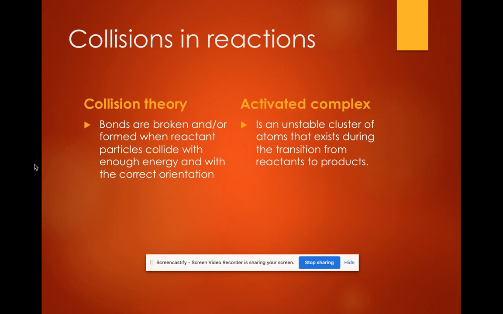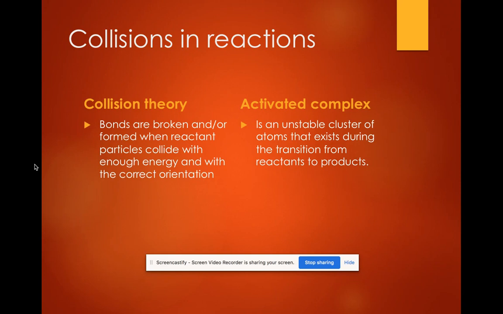So when we talk about reactions, we're actually talking about collisions. Can you think of a collision? Like cars crashing, or if you're chasing around your little brothers and sisters and you bump into them. So collisions. Reactions happen when bonds are broken and the atoms of the reactants are rearranged.